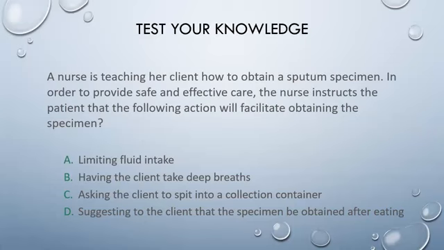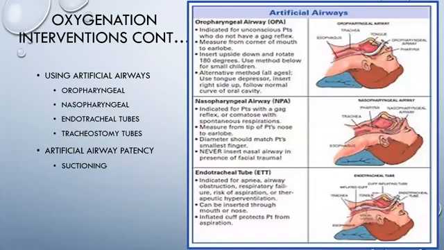And suggesting the client get the sputum sample after eating is not correct, because the best time to obtain a sputum sample is in the early morning. So the correct answer: have the client take deep breaths.